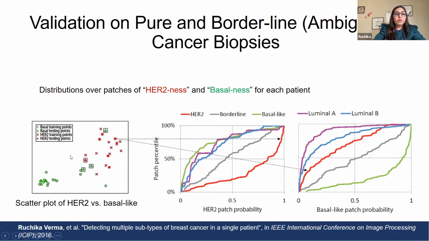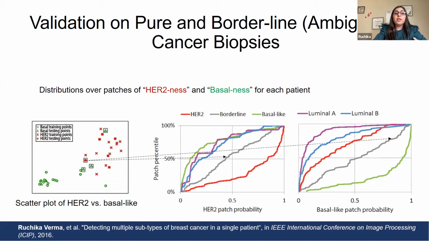Here I'm using one of the plots from the previous slide. This is just for representation of pure testing cases. So as we can see, for the HER2 patient, which was pure, when evaluated using the HER2 versus all classifier, more than 50% of the patches showed higher probability towards HER2. And similarly, when we looked at the pure basal testing patient, following evaluation on the basal versus all classifier, we saw that more than 50% of patches showed higher inclination towards the basal class.